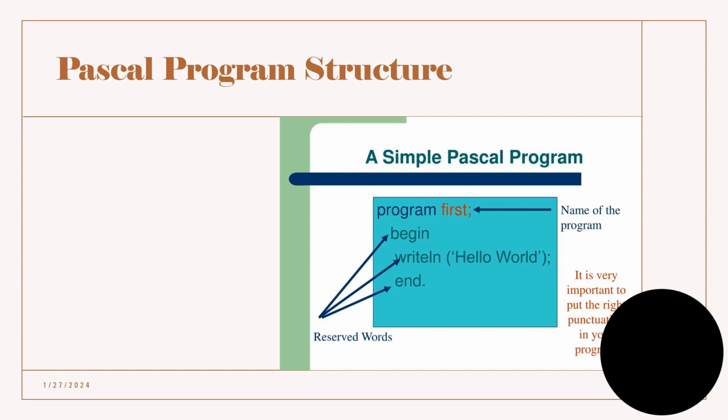We put it in brackets, and it's also in quotation marks. At the end of the bracket, we put the semicolon again because we are finished with that statement. If you have more than one statement, that is how you're going to write it in your program. And when you are finished writing your statements, you use the word end to signify that your program ends.